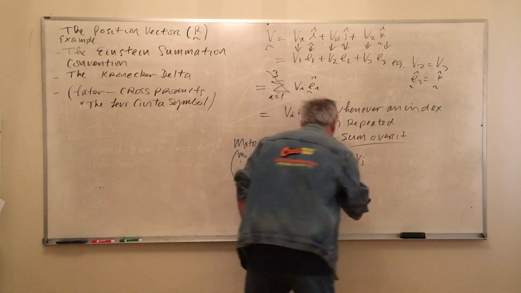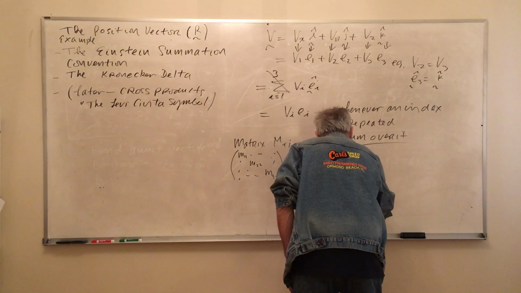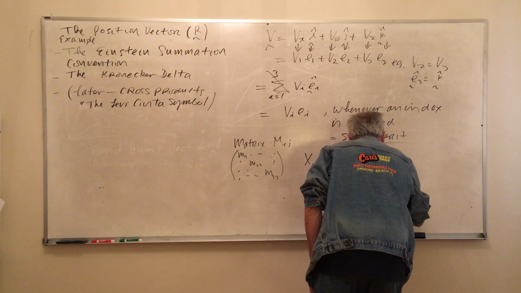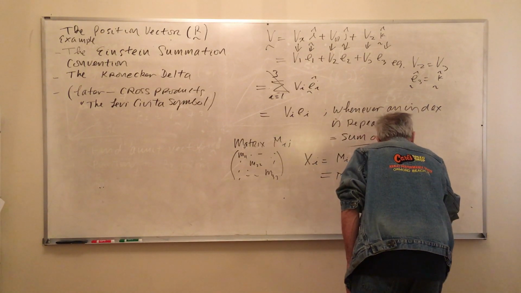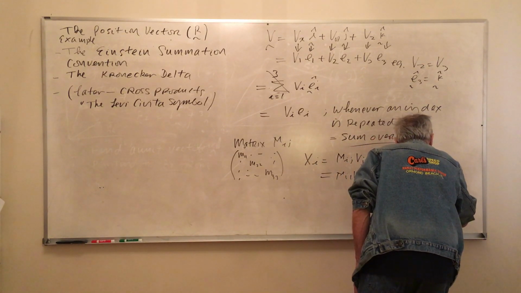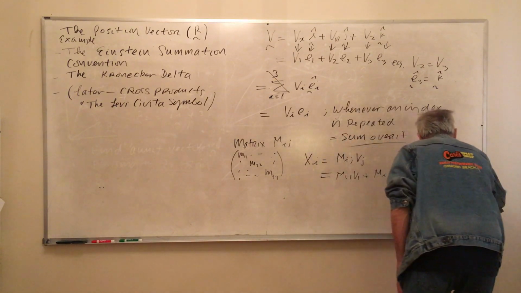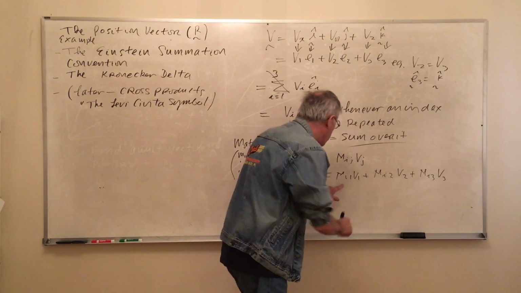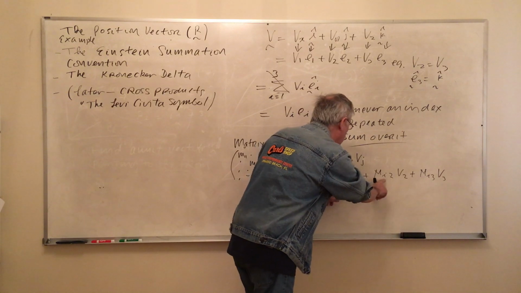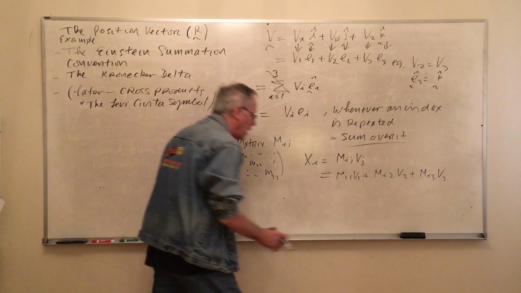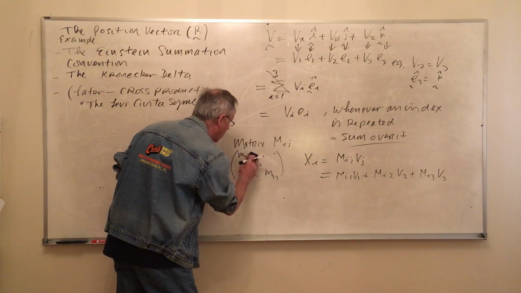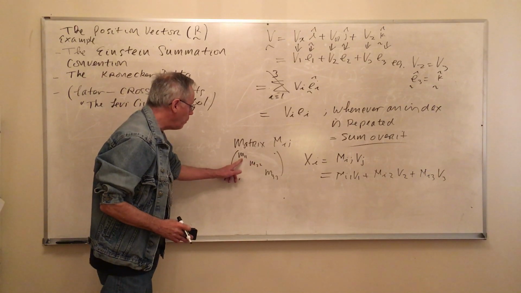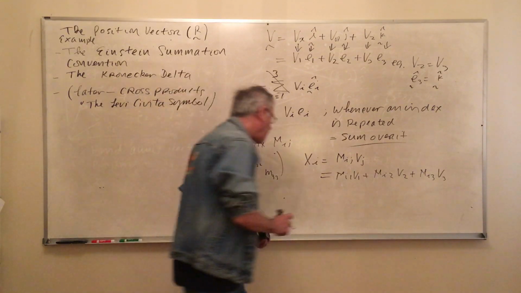But to get this result, I would sum over it. The component with V1, V2, and V3, and the matrix element Mi1, Mi2, and Mi3. And I'm going to make this a kind of a matrix that only has diagonal elements. In other words, there doesn't exist an M12, there doesn't exist an M21, just M11, M22, and M33.